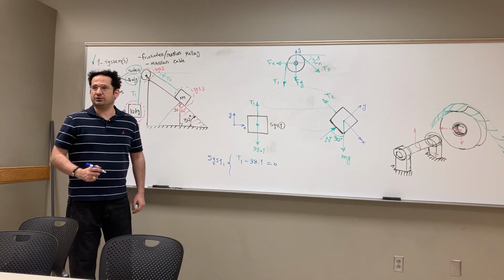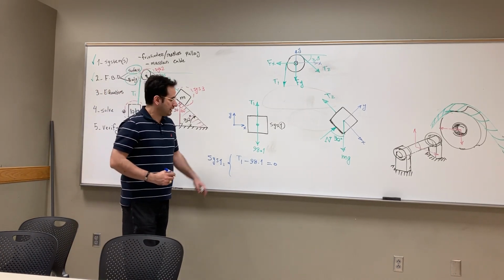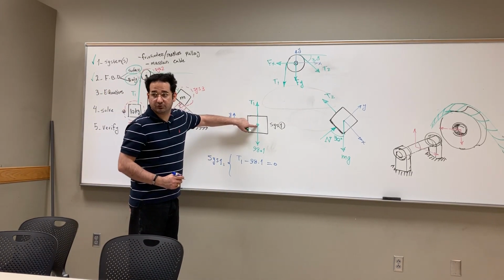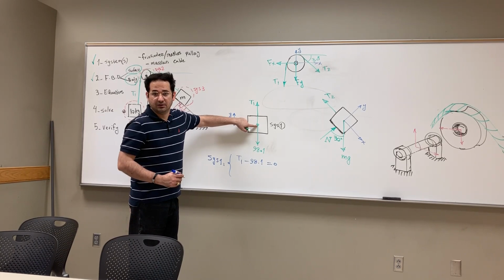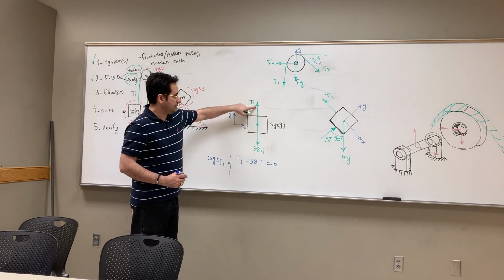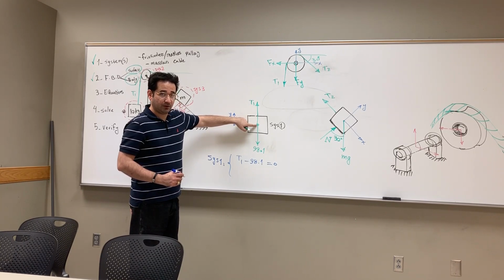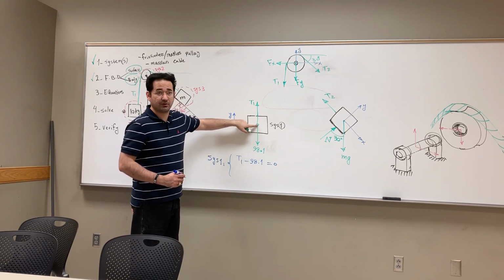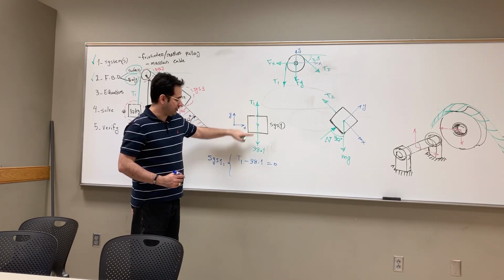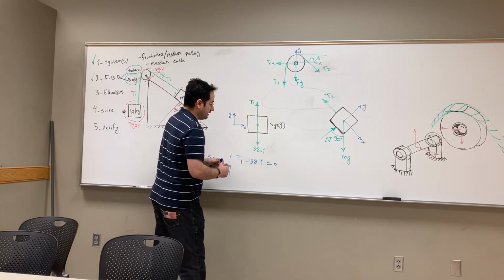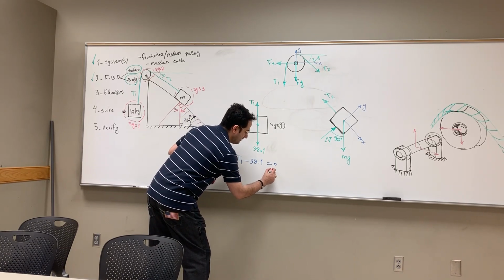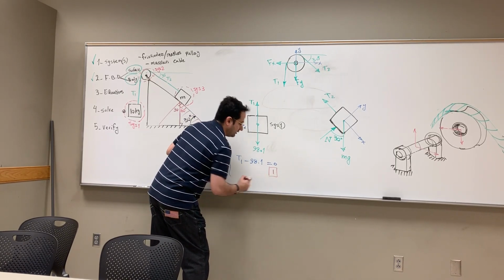How about the moment equation? Summation of moments. Let's pick this point as a moment. What do I get? What's the moment from this with respect to this one? 0. What's the moment from this with respect to this one? 0. So 0 is equal to 0 is a null. I don't write it. So the only equation I get is this guy, and I'll just label it equation number 1.